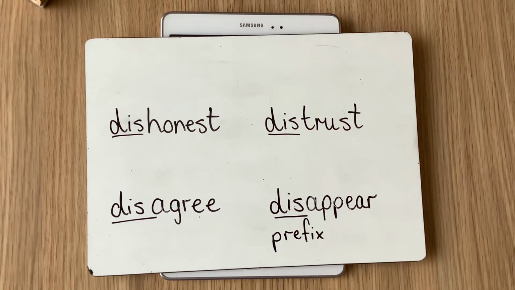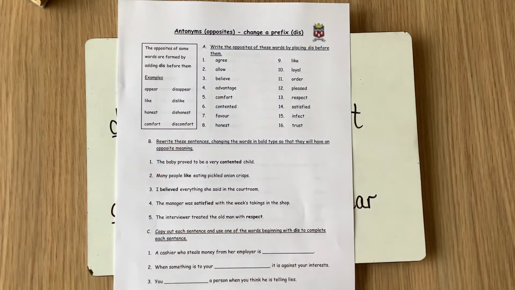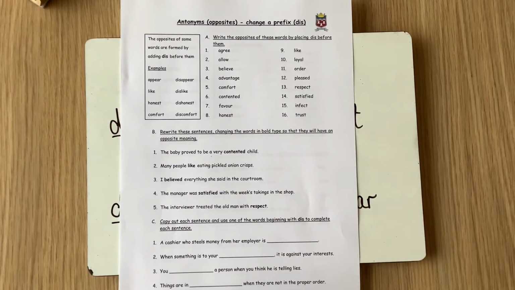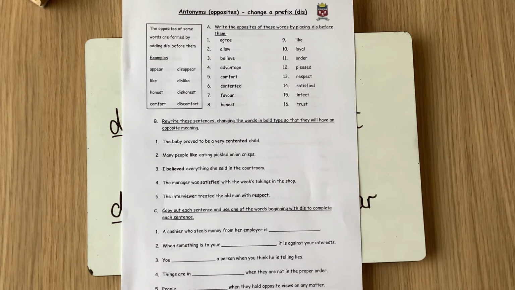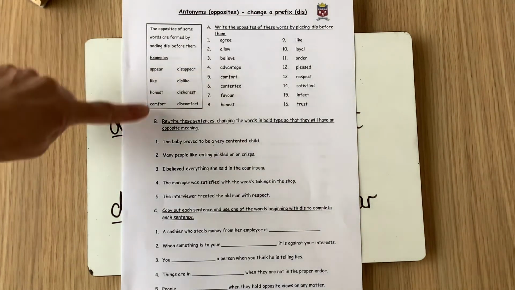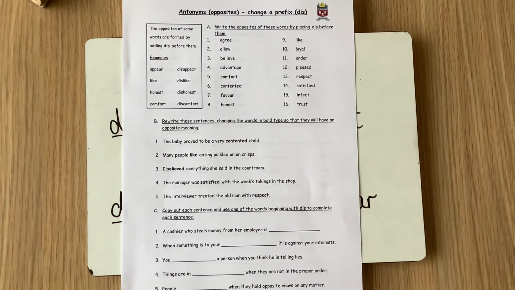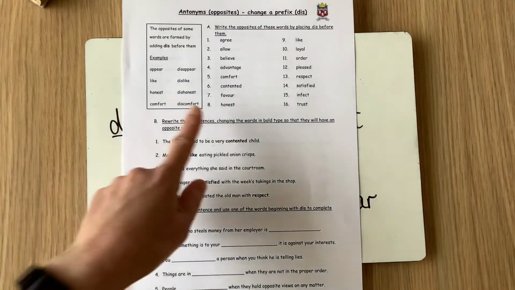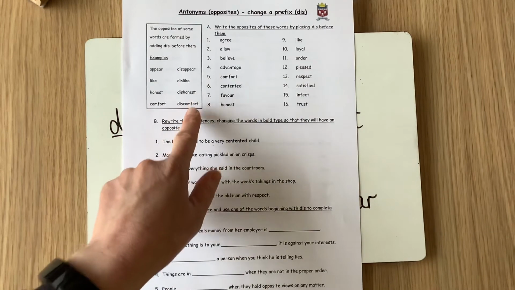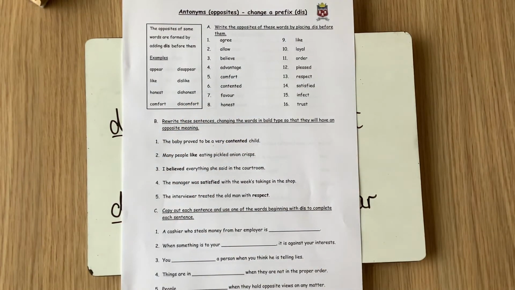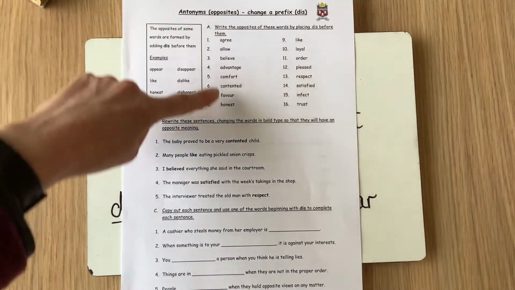Now, your written activity today, P6, is all about using the prefix dis. There are two levels to choose from today. This is the higher level activity. Again, down the side, I've given you some examples of our dis words. So disappear, dislike, dishonest, discomfort. And then in part A, I've given you 16 words.